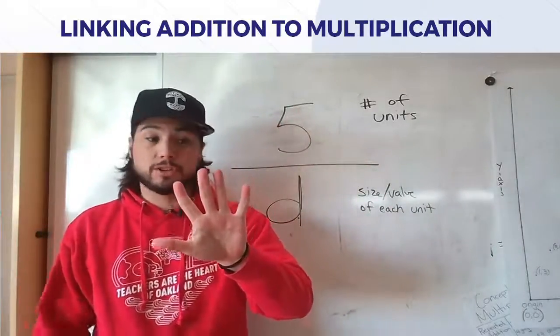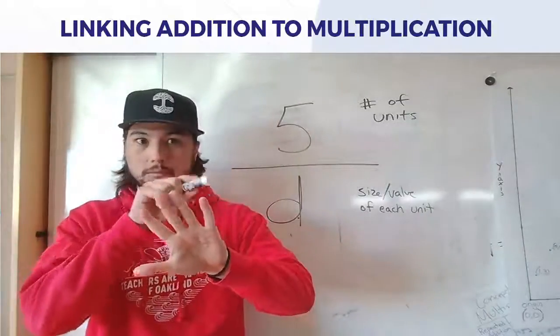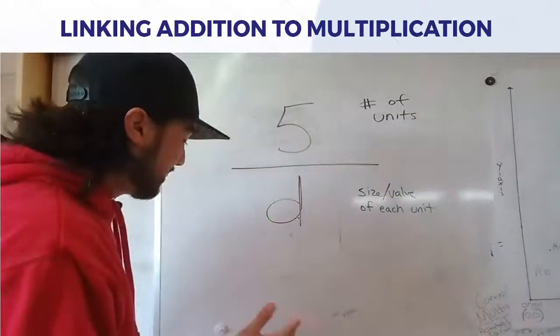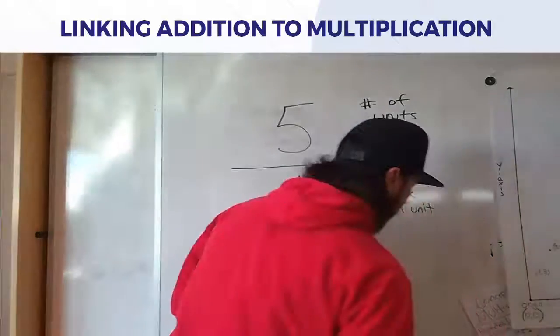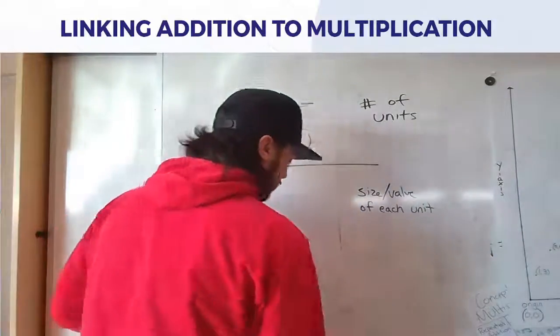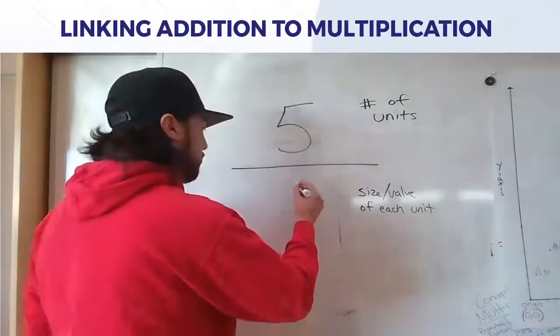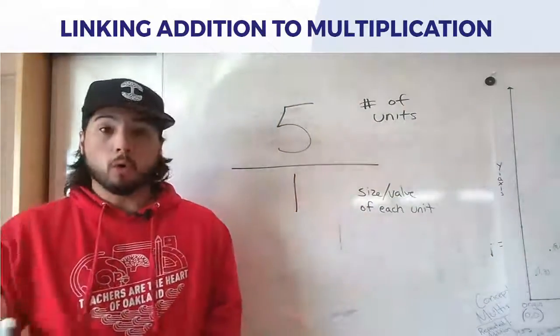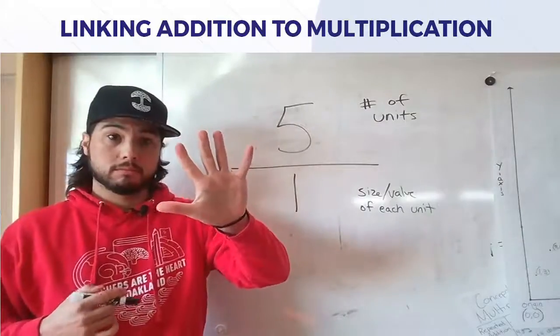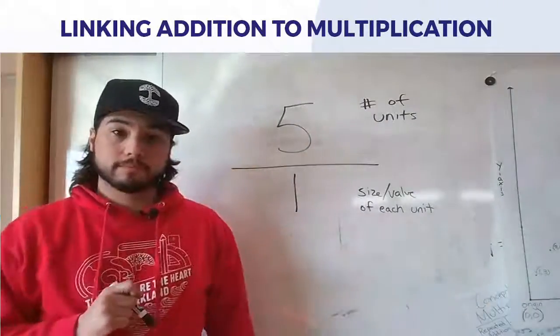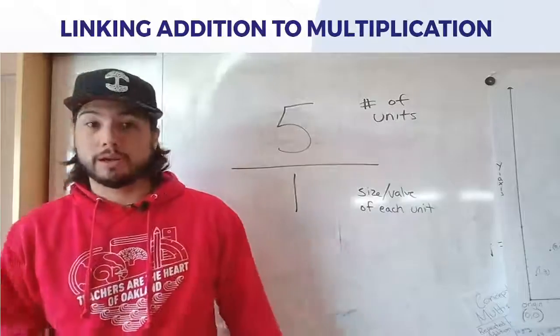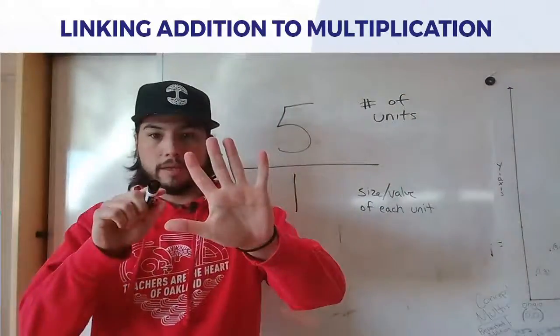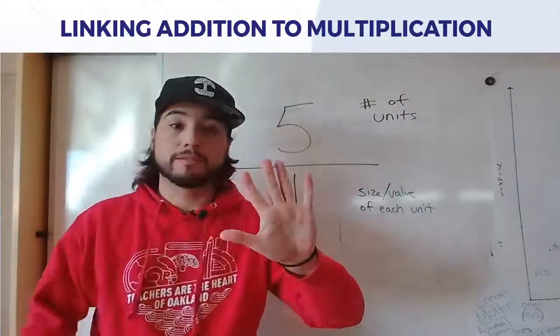The size of each unit is 1 finger. So technically, the number 5, if you were to write it as a fraction, would be 5 over 1. 1 whole finger, and there are 5 of them. The units we're counting in are fingers, and then 1, 2, 3, 4, 5 of them.